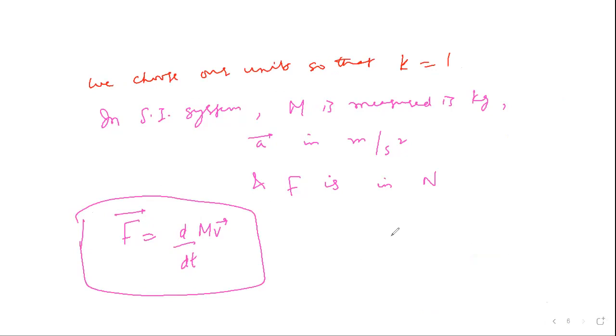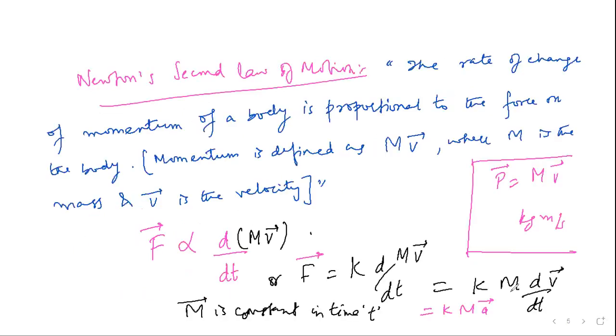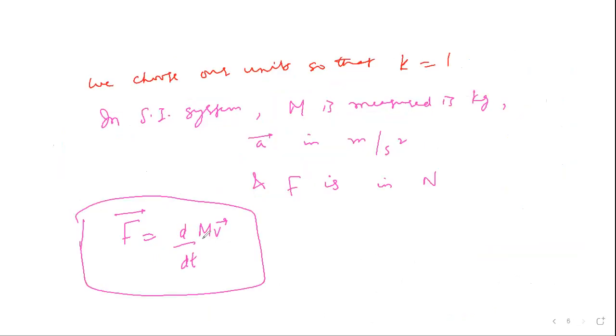Now see, I said that I have assumed m is not changing with time. Here I am writing m inside the time derivative, right? And if m is not changing with time, that means its derivative is 0.